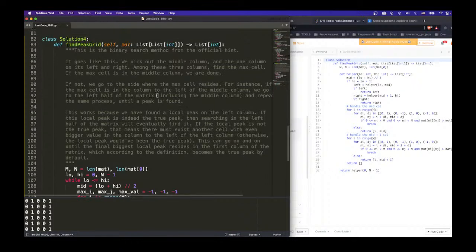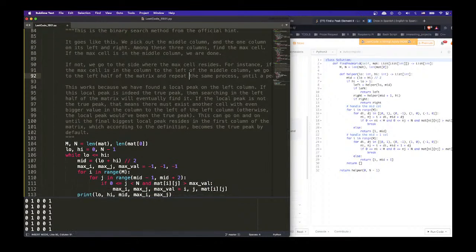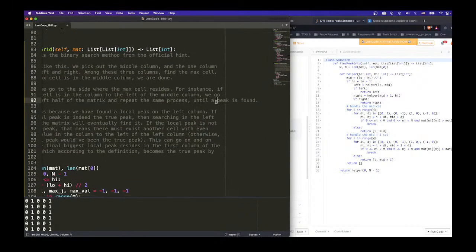Yes, I don't think we should include the middle column though, because we know the maximum is not in the middle column, it's on this column, so we don't really care. We can search this, and eventually we'll get it. So we are not including the middle column.